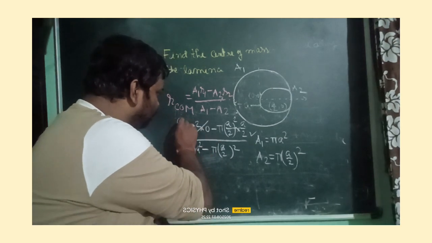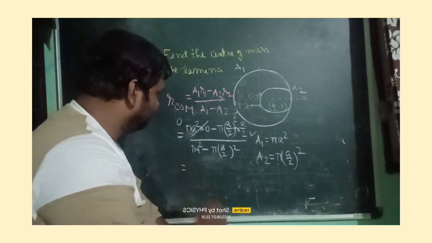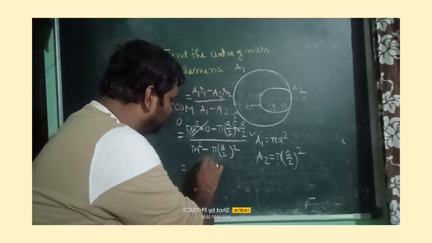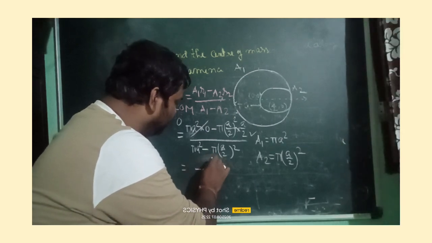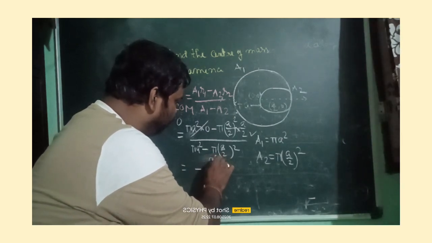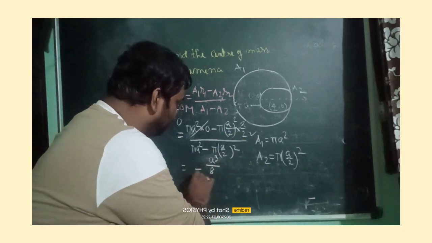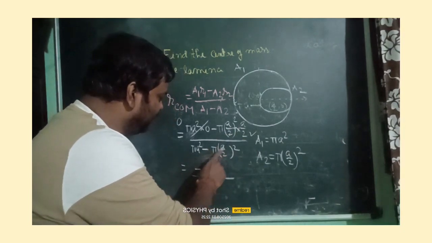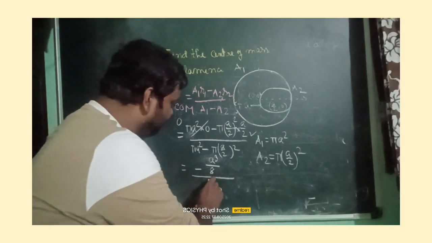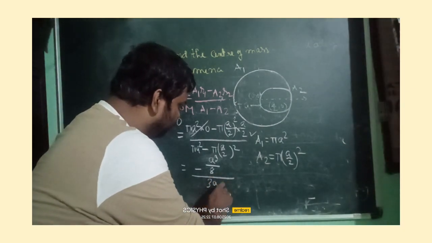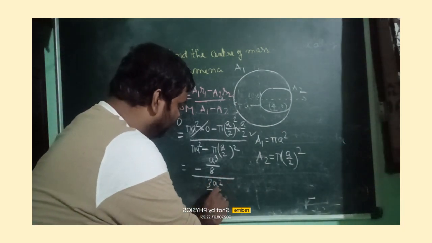Now that part is 0, and we have minus, pi cancelled out, A cube by 8, over A square minus A square by 4, that is 3 A square by 4.